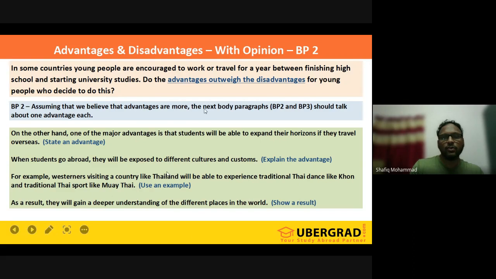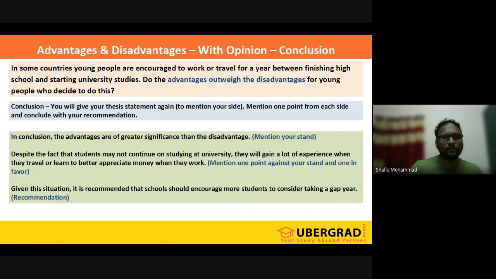So in conclusion, you will say, I believe that it is always good to take a gap between high school and university studies. So that is the conclusion, right? Let's see the conclusion for it. In conclusion, you will give your thesis statement again, mention one point from each side, and summarize it.